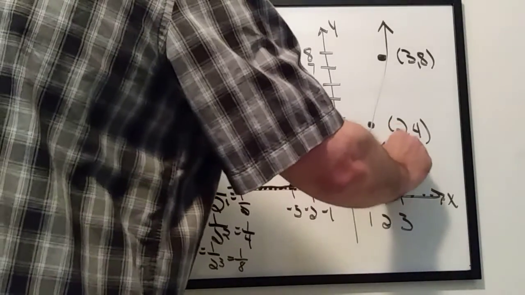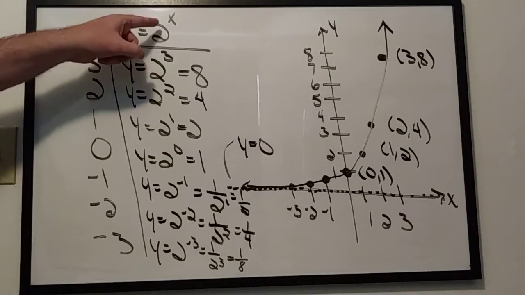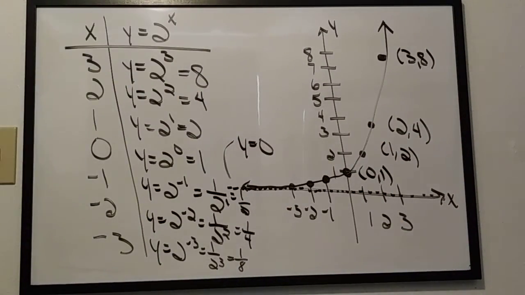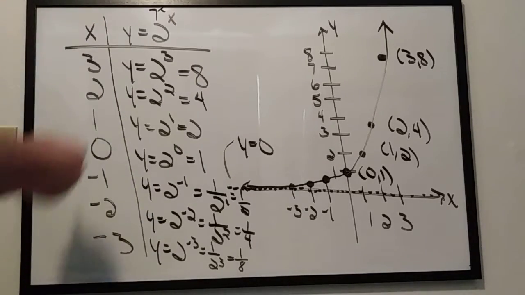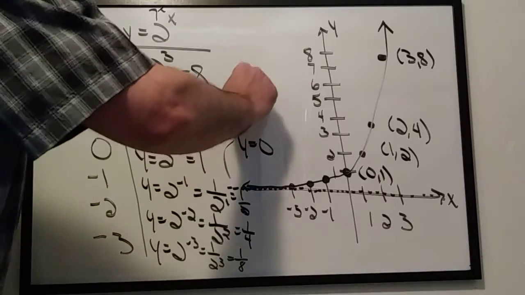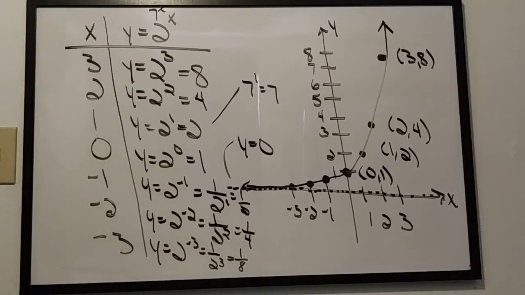The next one over was the point 1, 2, when we were looking at the graph of y equals 2 to the x. But if I change this to y equals 7 to the x, then when we plugged in that 1, we would have 7 to the first, which would be 7. So instead of 1, 2, that would be a point 1, 7, and then it would continue from there.